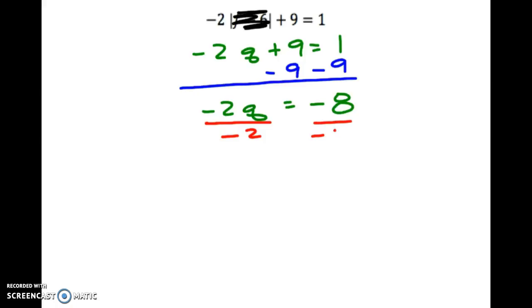We have to divide by the -2, which gives us q equals 4.